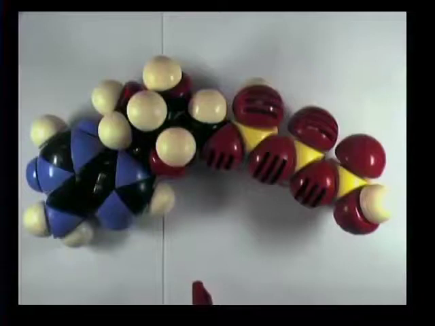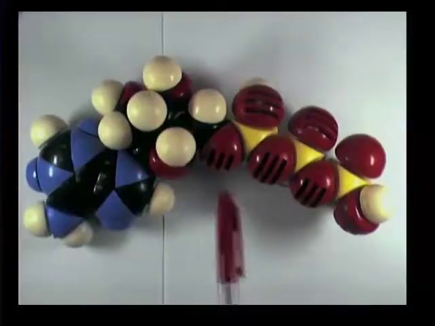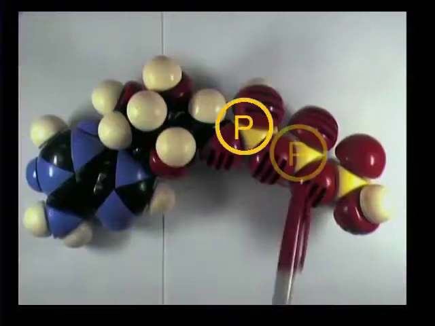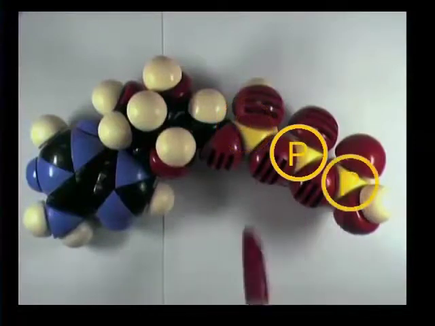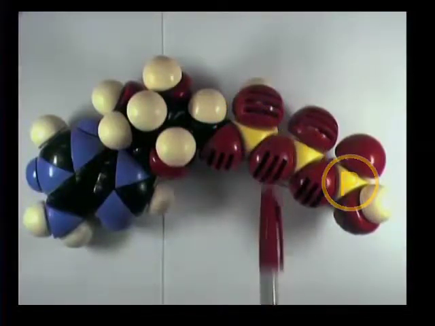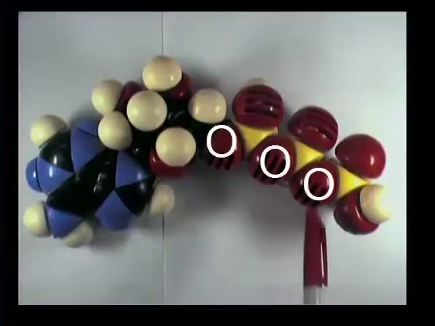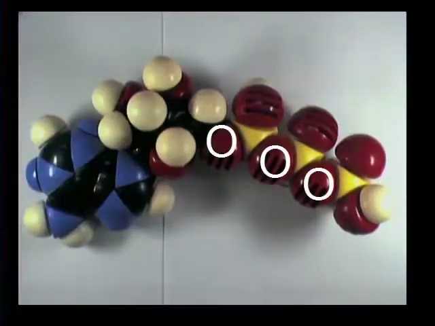That's what makes it a phosphate. Recall from our study of functional groups that a phosphorus with 3 or 4 oxygens on it is a phosphate group. So you have one phosphate group here, one here, one here, and each of the phosphate groups is bridged by another oxygen atom in between the phosphate groups.